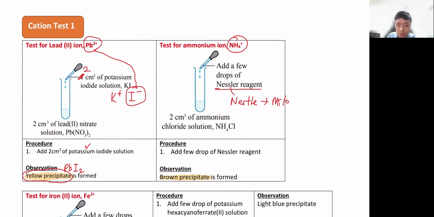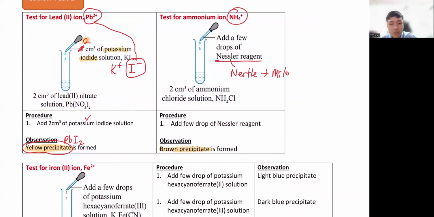After you add a few drops of Nessler's reagent, you get a brown precipitate. Now, notice, normally if you don't know the chemical, meaning it is unknown and not familiar to you, or the chemical is very expensive, you only add a few drops. If you know it, like potassium iodide, you add 2 cm cube like this.